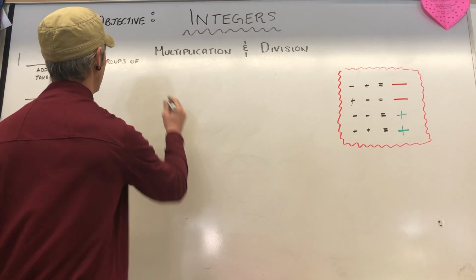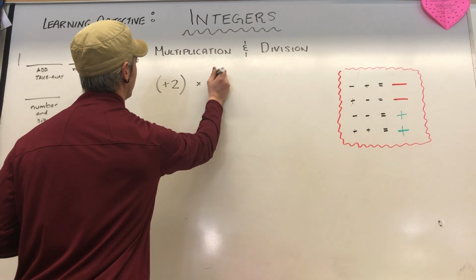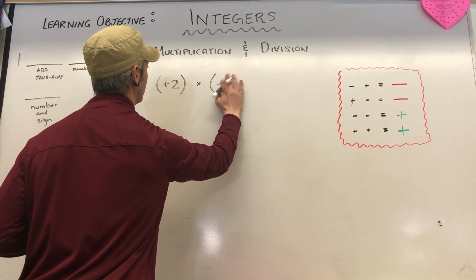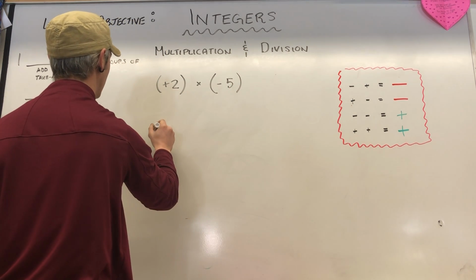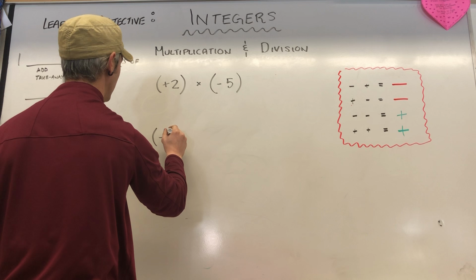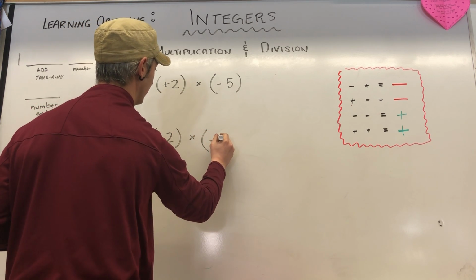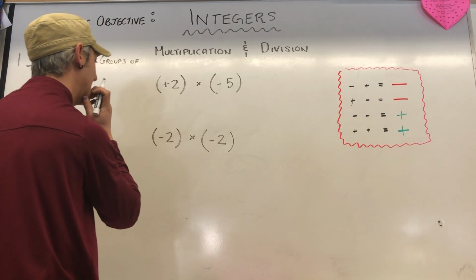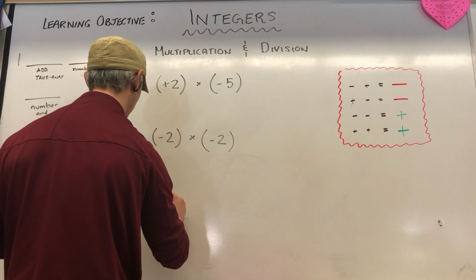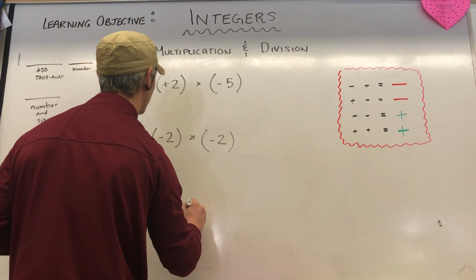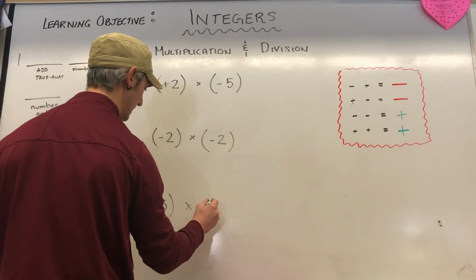So let's say +2 times -3, -5, and -2 times -2, and +3 times -3 times +2.